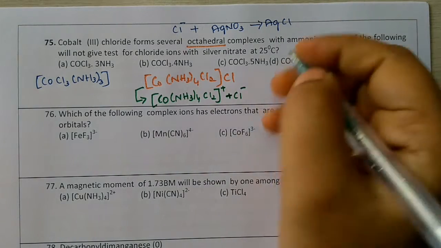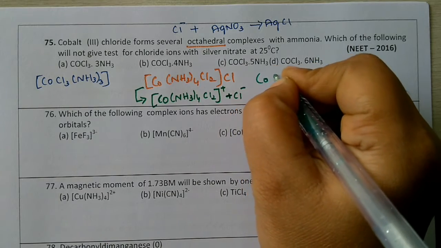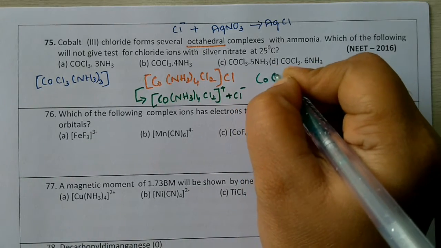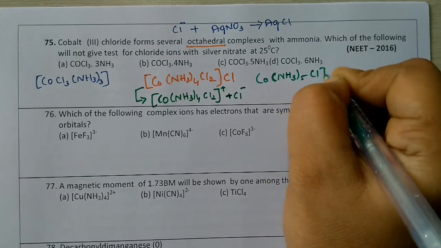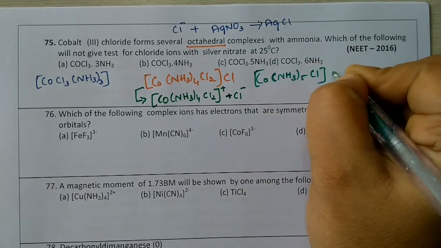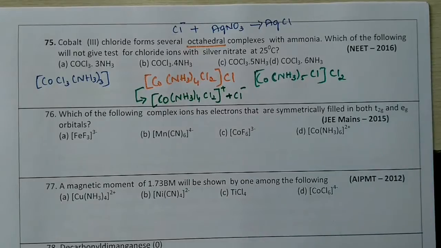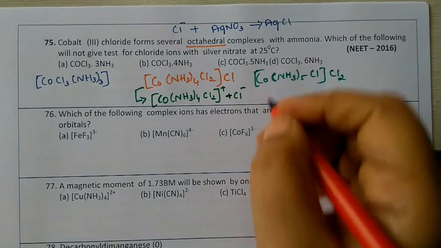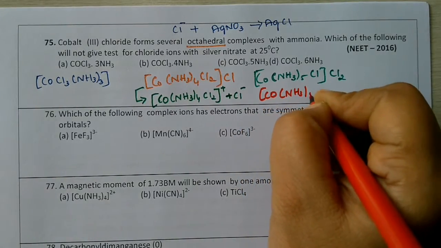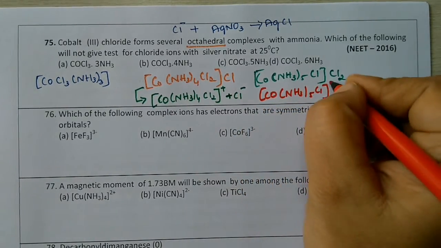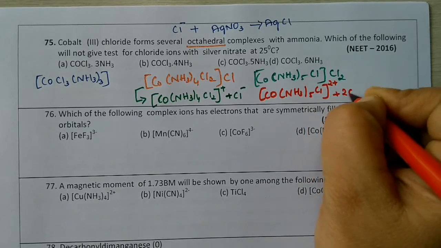So option C, it is cobalt and NH3, 5 times, and only 1 Cl is required. Then 2 Cl are outside. So that will dissociate as Co(NH3)5Cl 2 plus and 2 Cl minus.